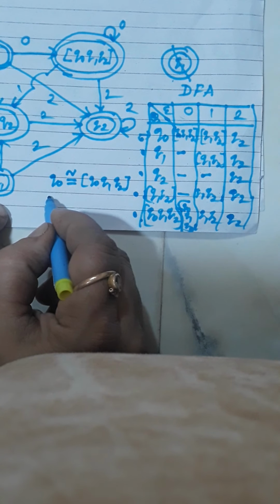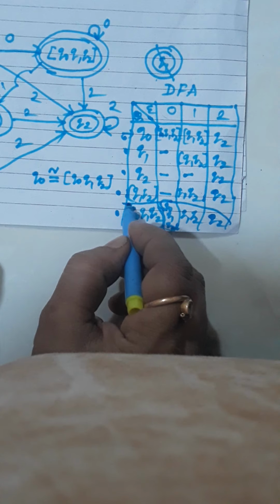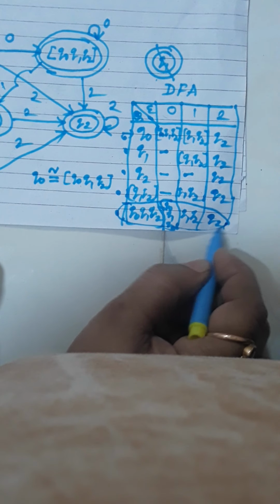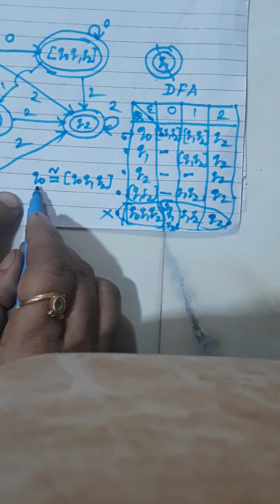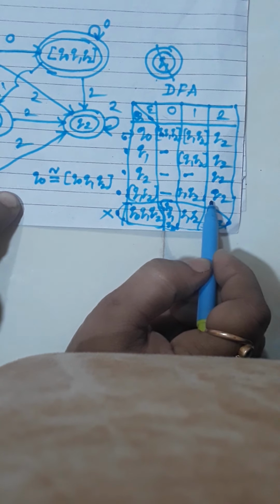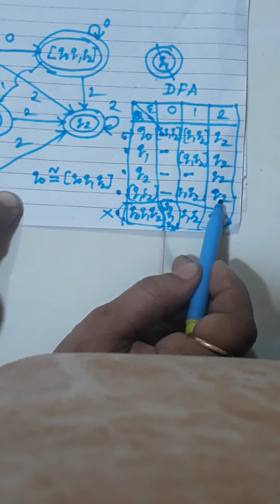Similarly, this will be discarded as per our DFA minimization rule, and every Q0, Q1, Q2 will be replaced by what? Q0. Similarly, do you find any more similarity? So see Q1 and Q1, Q2.